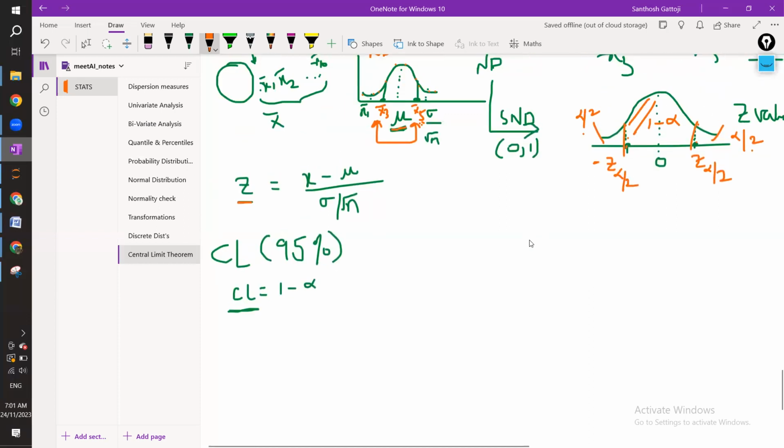The probability to find our z value is in between minus z alpha by 2 and z alpha by 2.